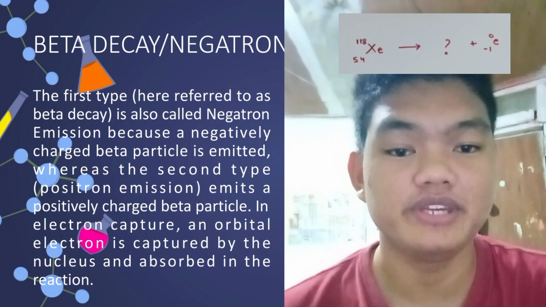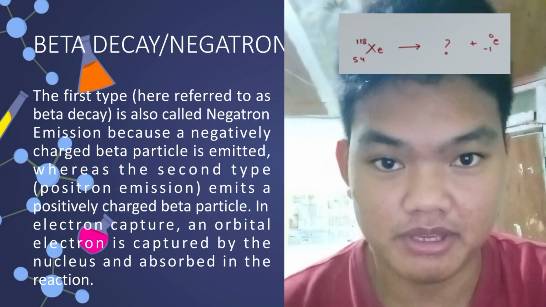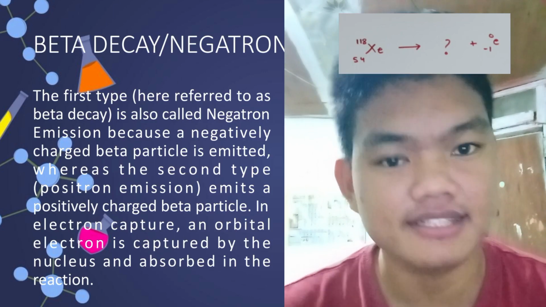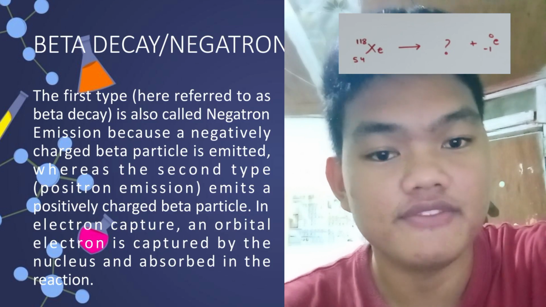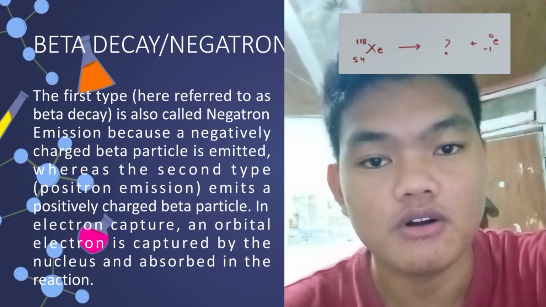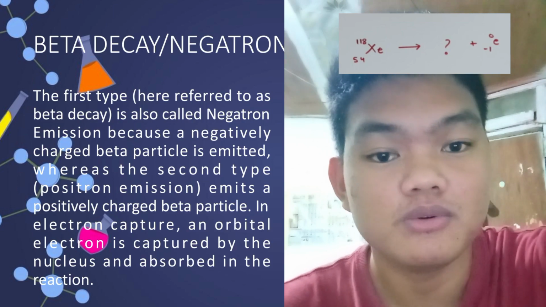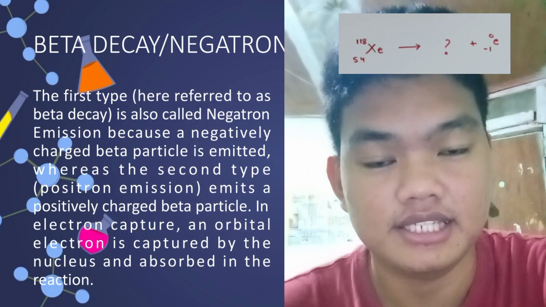Here in the example, we have the element xenon with 118 atomic mass and 54 atomic number. After its beta decay, what will happen to it? What's the new element? Here we have the electrons. As we know, electrons have almost negligible mass, so the atomic mass will stay the same, that is 118.